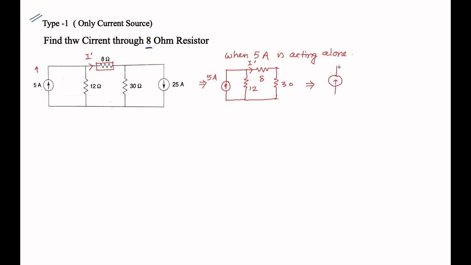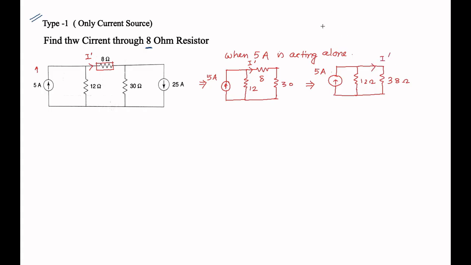So we combine them, and with 12 ohm as it is, we get a 38 ohm and a 12 ohm with the 5 ampere source. Now it is much easier to find the current through the 38 ohm resistance, that is also I dash.